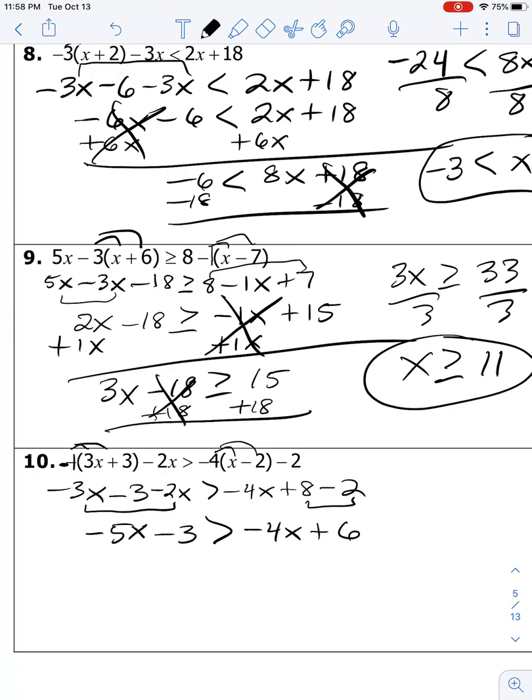All right, so now we're down to 2 and 2. So now we got choices. We can either add the 5x over to the negative 4x, or we can add the negative 4x over to the negative 5x. If it were me, what I would do is I would add the 5x.